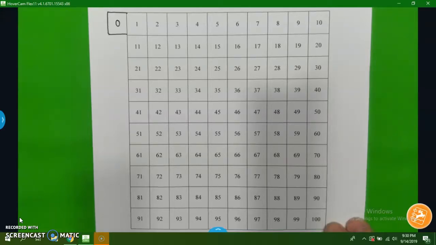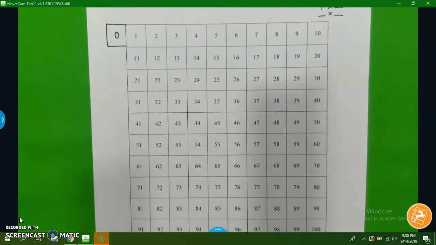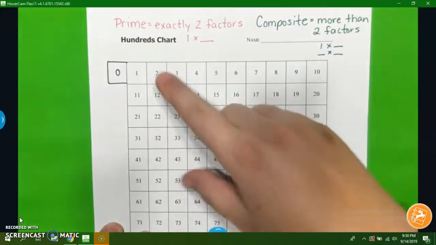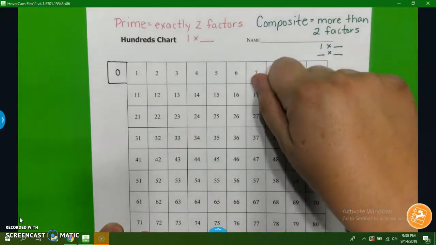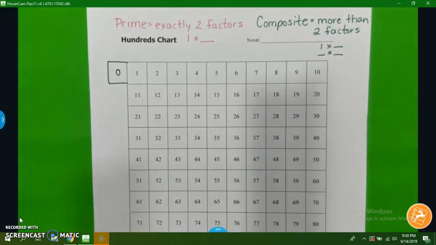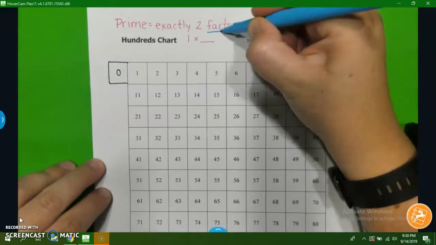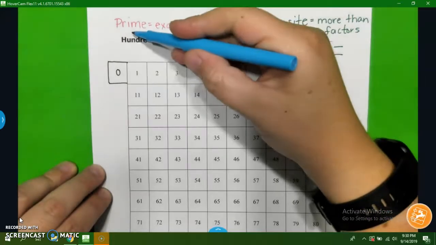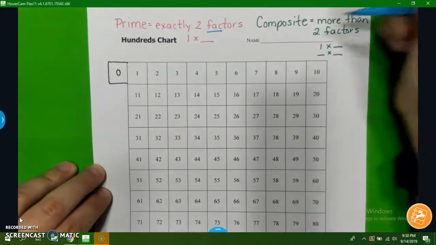First, we're going to have a definition of prime and composite, which you should know by heart at this point. Prime numbers are those that have exactly two factors, one and itself. So there's no other multiplication fact that will give you the number other than 1 times itself. Short word, short amount of factors.